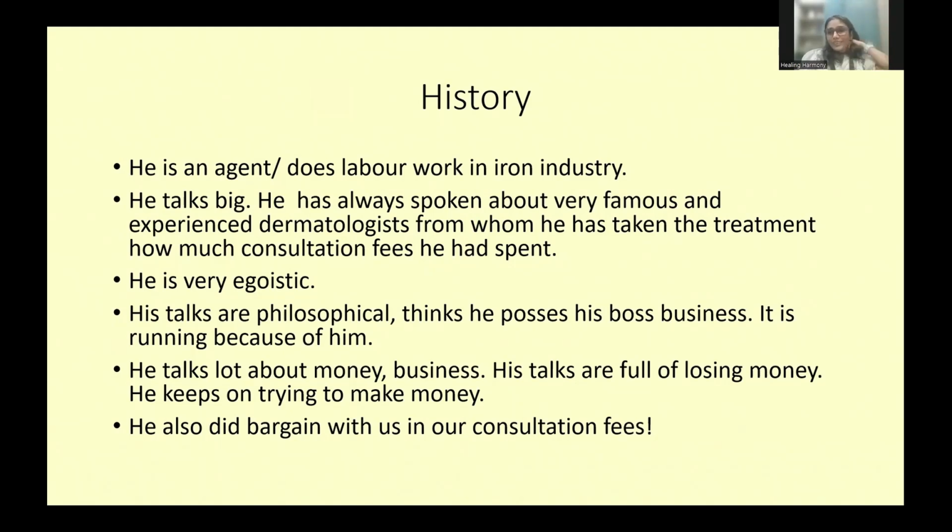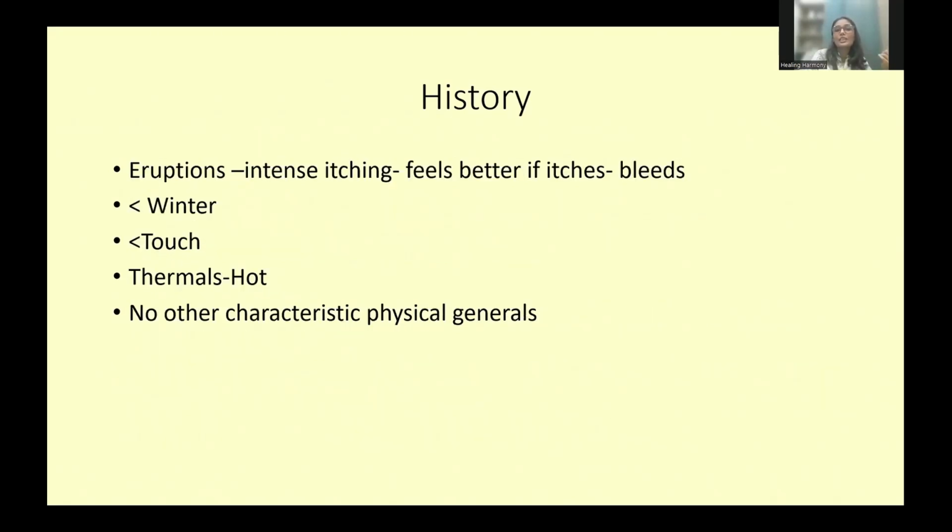So he gets attracted, or he wants to talk about his self-worth because he knows XYZ person. He talks about money, he talks about business. He also did some bargaining over consultation fees, which gave us several indications of self-worth. So you see issues of identity, self-worth, embarrassment.